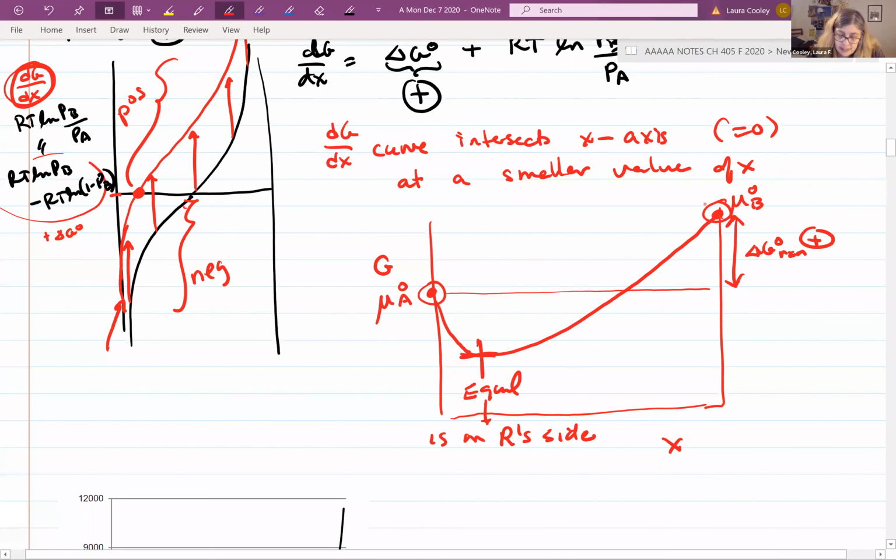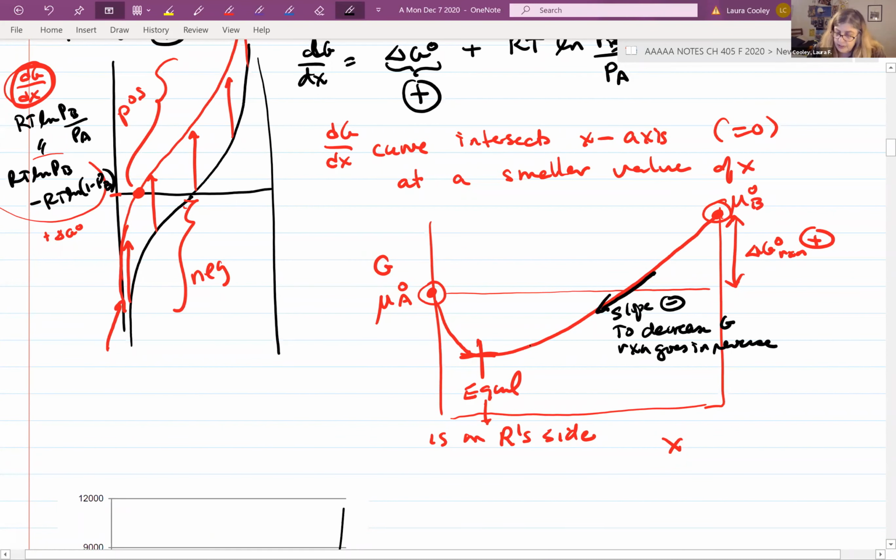But what does that tell you about the direction of the reaction at any point? The slope tells you the direction, because what always has to happen is that G has to decrease. Here the slope is negative, and that means that to decrease G, the reaction goes in reverse.